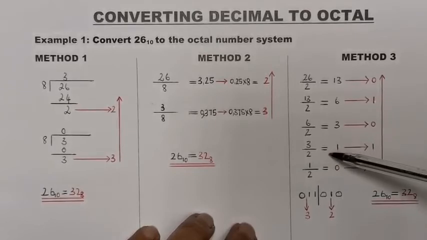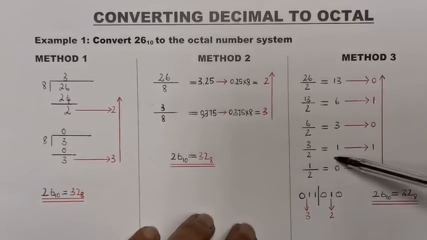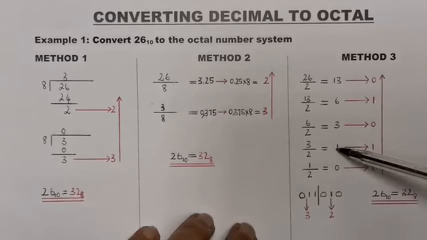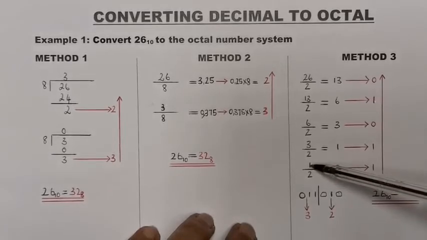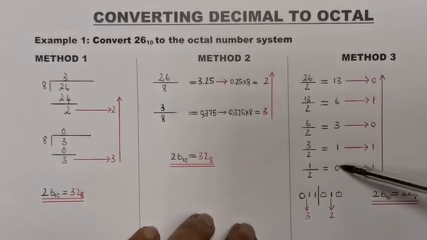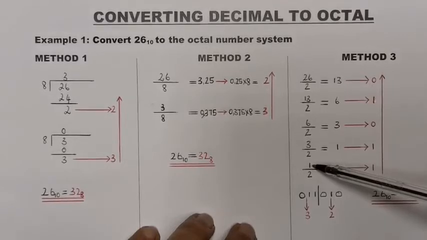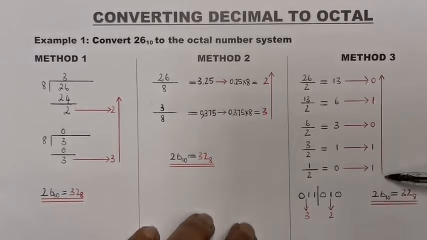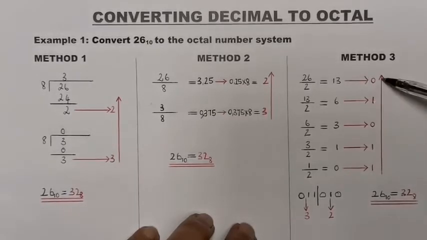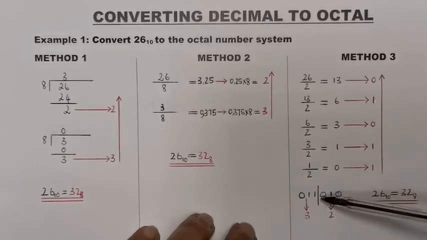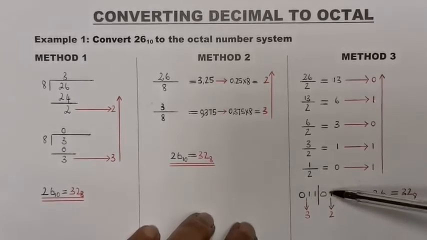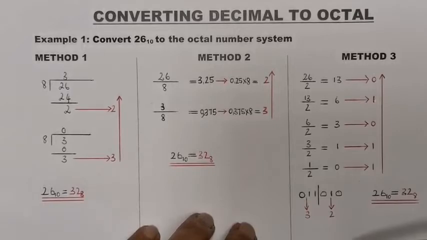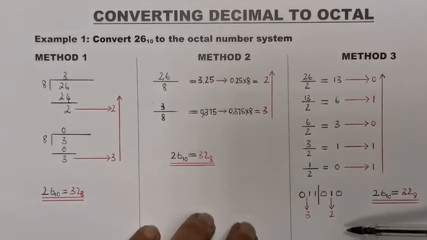Then don't forget, because most students stop at this point, you have to say that 2 goes into 1 as well. 2 goes into 1 0 times, which means the 1 left there will be a 1. Again, we write the binary number from the bottom to the top, and I will have 11010.